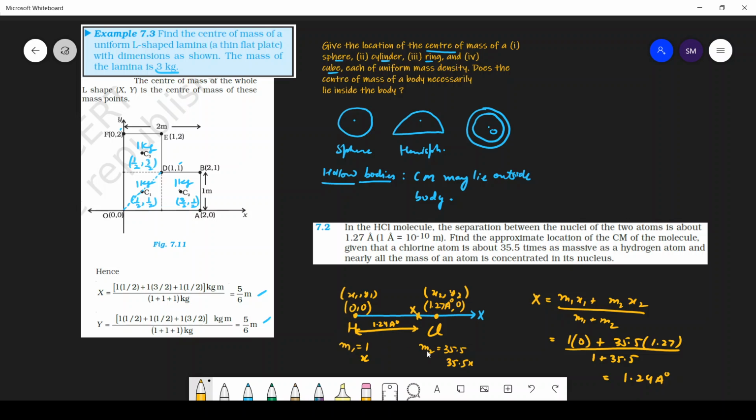Okay, so now we have the third question. I read it from the book. So you have to write here: 1.24 angstrom from the hydrogen end. This is what you need to write.